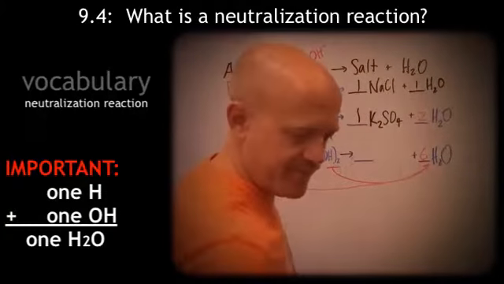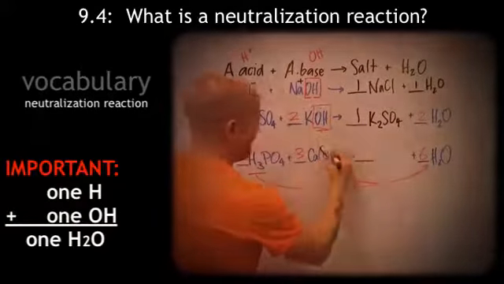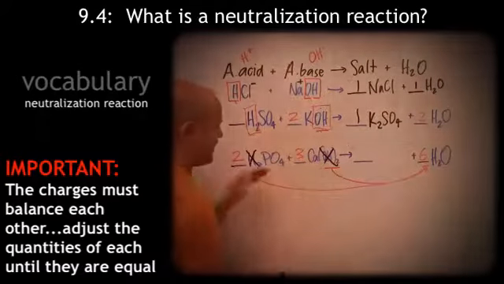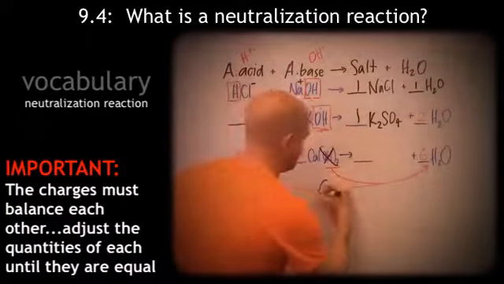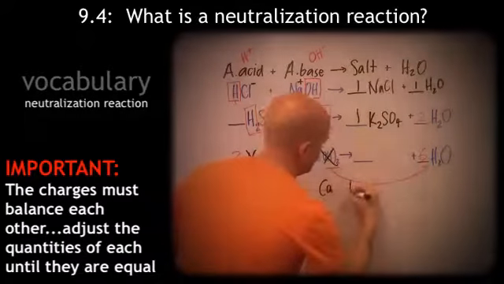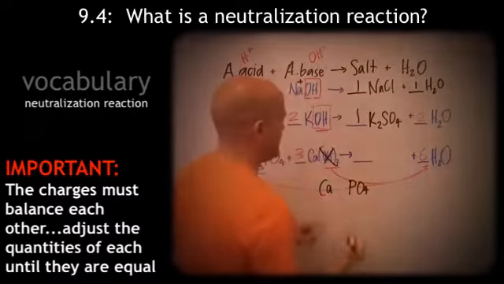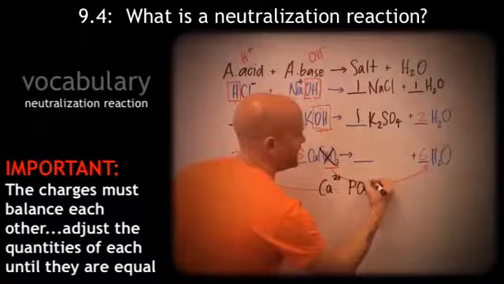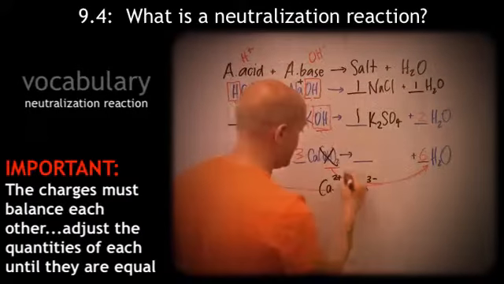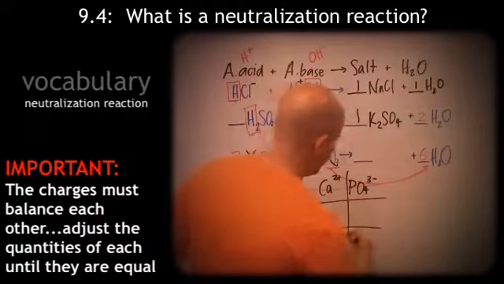Now our salt. I'm going to get rid of our OH because we don't care about that right now. It's going to be calcium and phosphate. Now calcium is group 2, it's going to be +2, phosphate is -3, it's from table E. Figure this out.